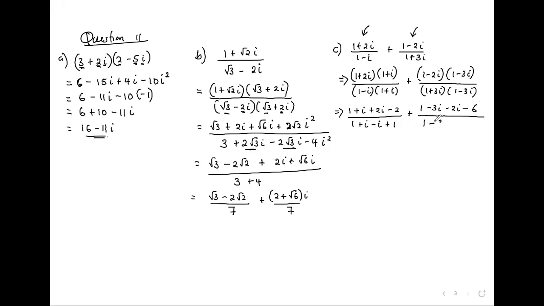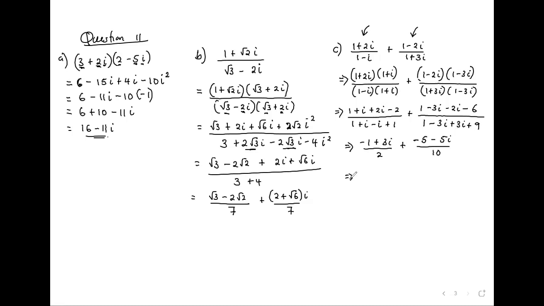1 times negative 3, negative 3i. 3 times 1, positive 3i. i times i, negative. Negative times negative, we get positive 9. This is implying that we have 1 minus 2, that is negative 1, plus 3i over 2, plus 1 minus 6, we get negative 5, minus 5i over 10.